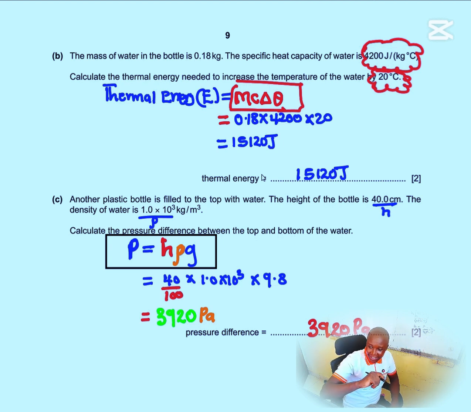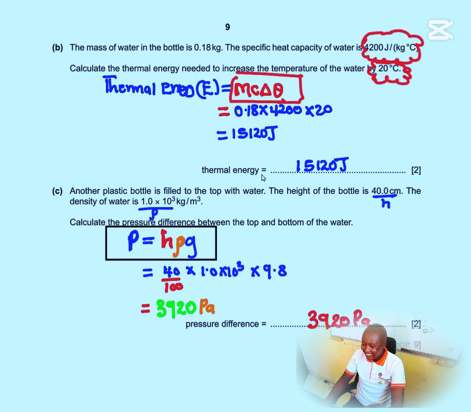You need to be very careful with that because they are not giving you the height in meters, so you have to convert it. If you forget that, you will start crying about the grade boundaries.